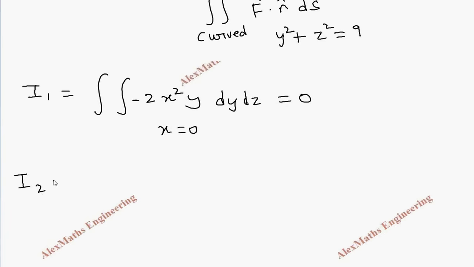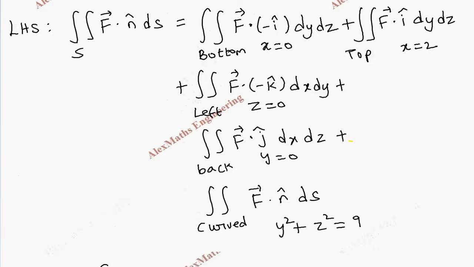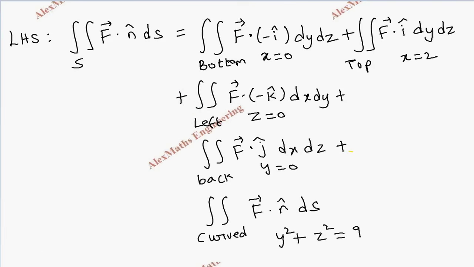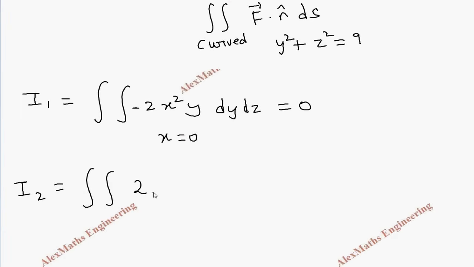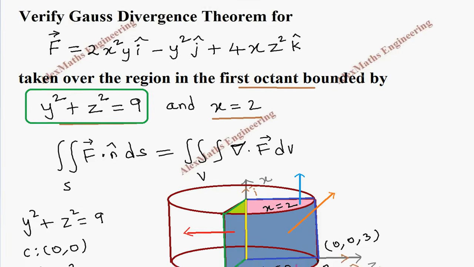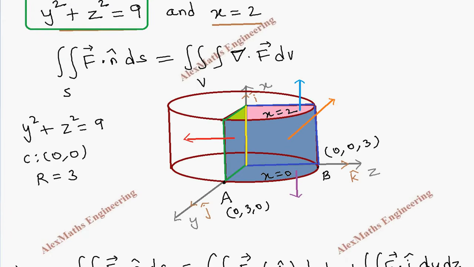Now coming to I2, which is on the top region where x is 2, it is F dot i cap, so the same thing will come, 2x square y dy dz, and x equals 2 is the equation of that surface. Let's write it first as it is, then substitute the x value. We have to substitute the limit of y, which we can see from the diagram: y varies from here to here.